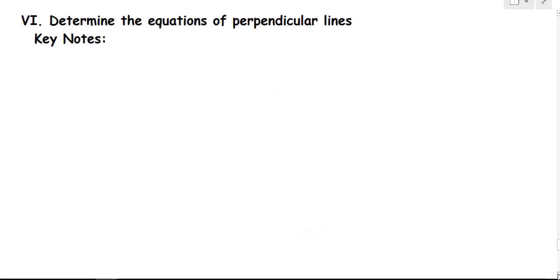In the sixth part of the lesson, we are going to determine the equations of perpendicular lines. In this case, we are going to be guided by the principles.